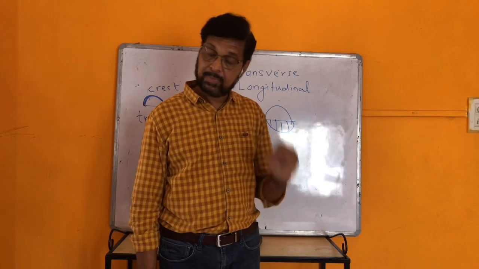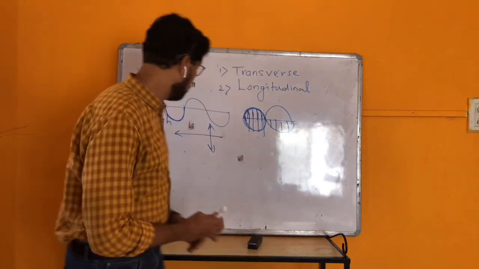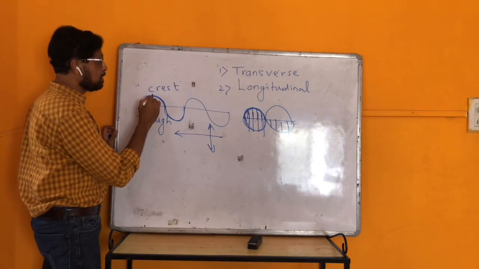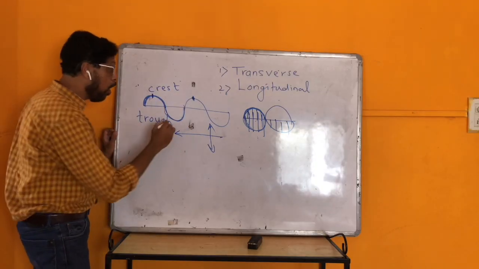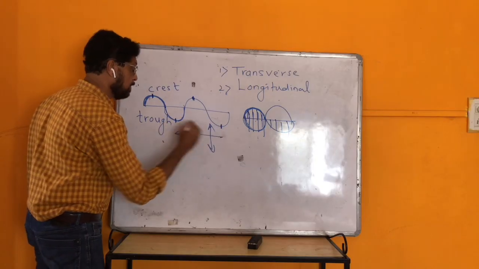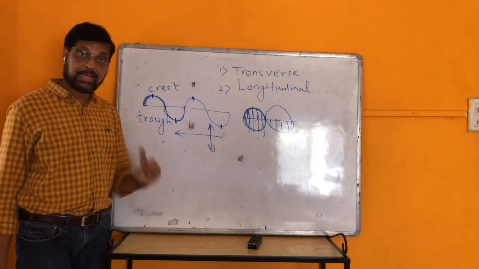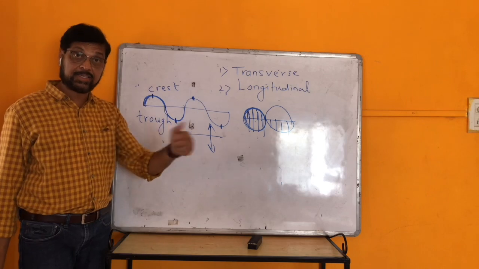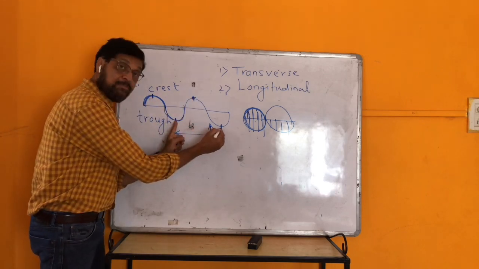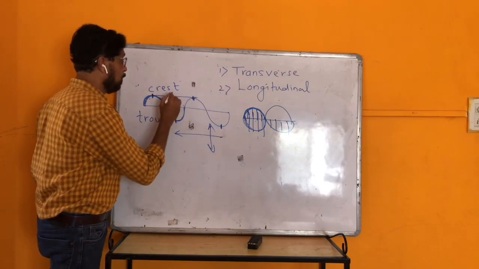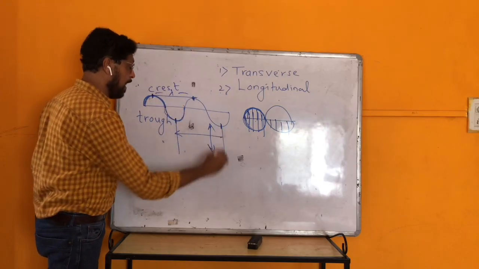So, number 5, the distance between two successive crests or two successive troughs. एकानंतरचे नंतर एकचे असे दोन क्रेस्ट मधलं अंतर किंवा एकानंतर एक दोन ट्रफ मधलं अंतर, it is called wavelength lambda.